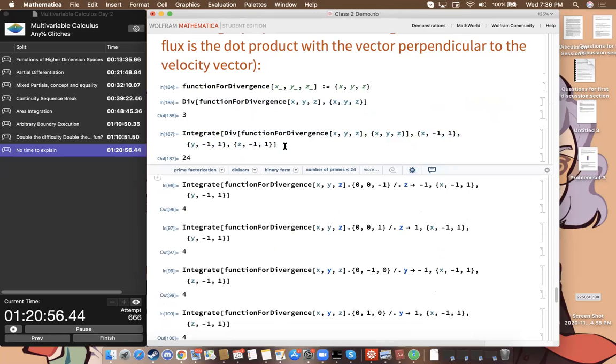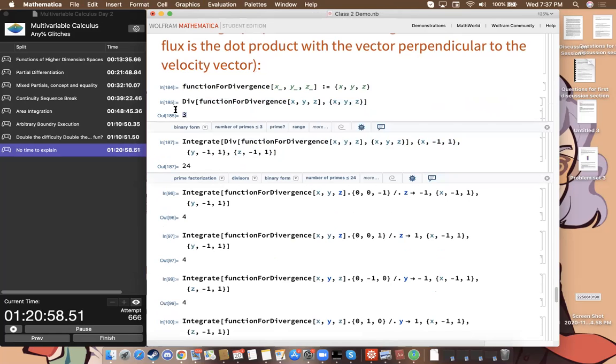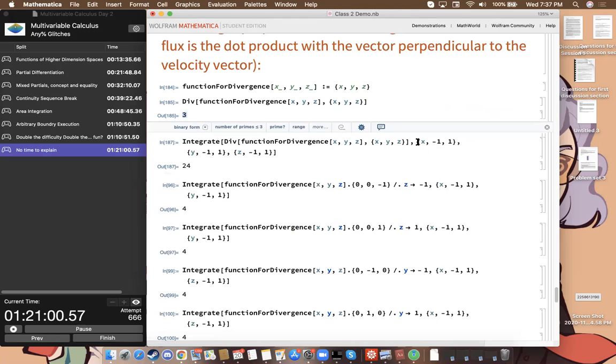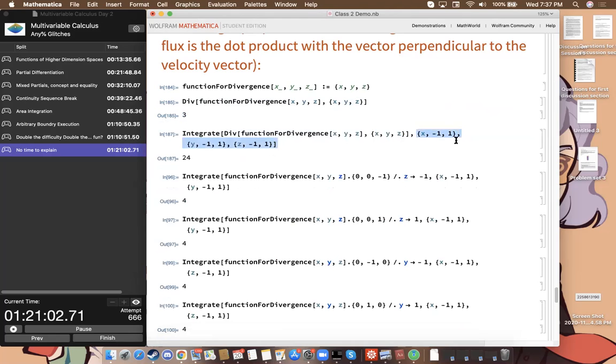That may not be obvious, but you can see it quickly. This is 3 integrated over a length of 2, so that's 3 times 2, over another length of 2 times 2, over another length of 2. So that's 3 times 2 times 2 times 2, which is 3 times 8, which is 24.